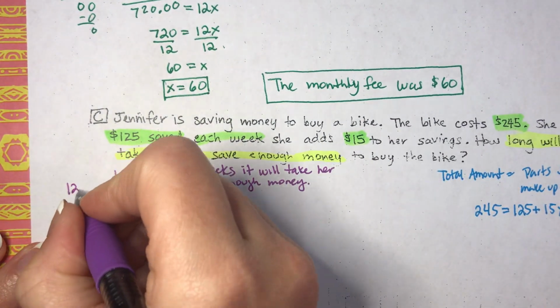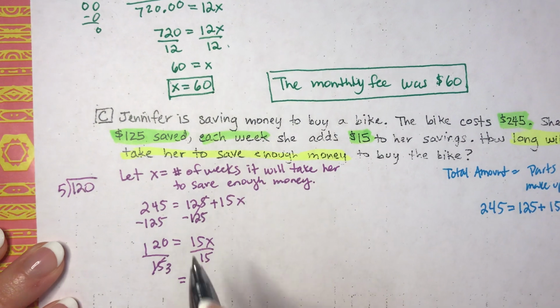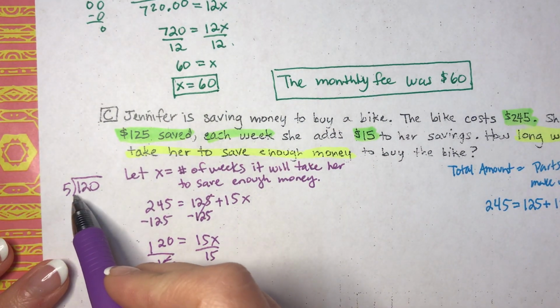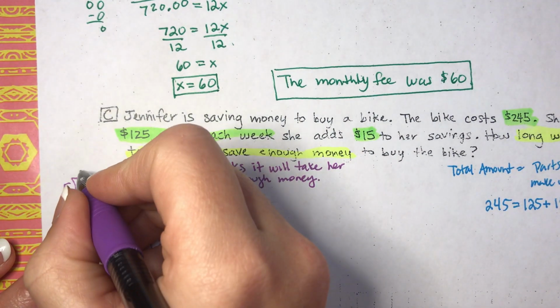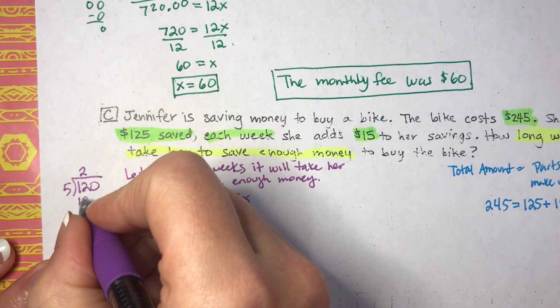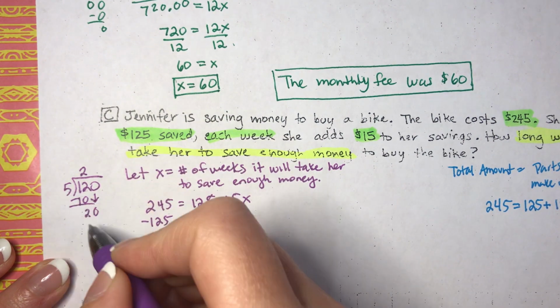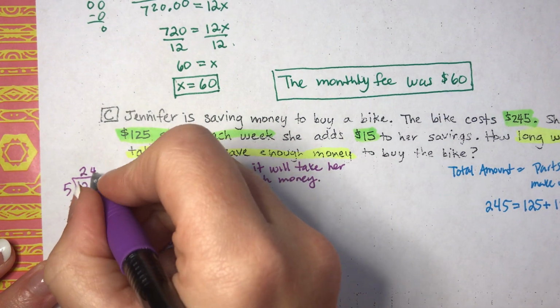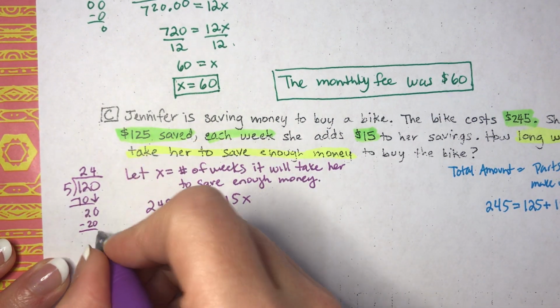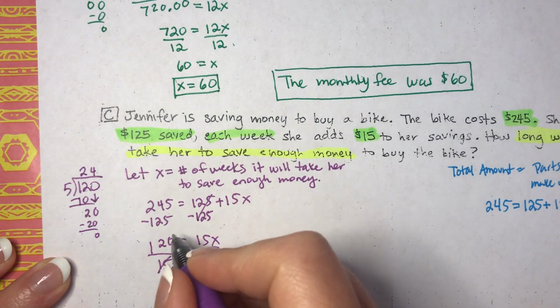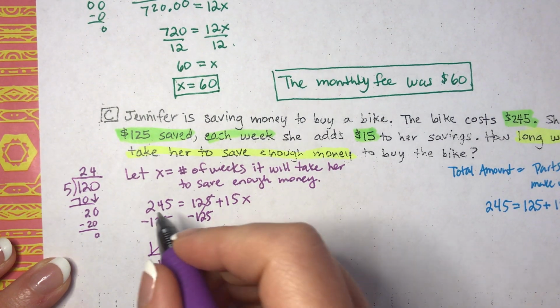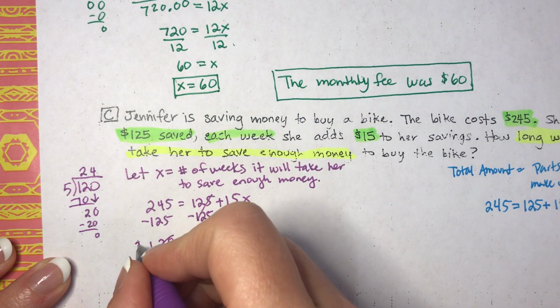If I go 120 divided by 5, that would be, 5 doesn't go into 1, but it goes into 12 2 times. 2 times 5 is 10. And then we subtract, and then we drop that down. 5 goes into 20 4 times. 4 times 5 is 20, and then boom, there we have it. So 5 goes into 120 24 times.